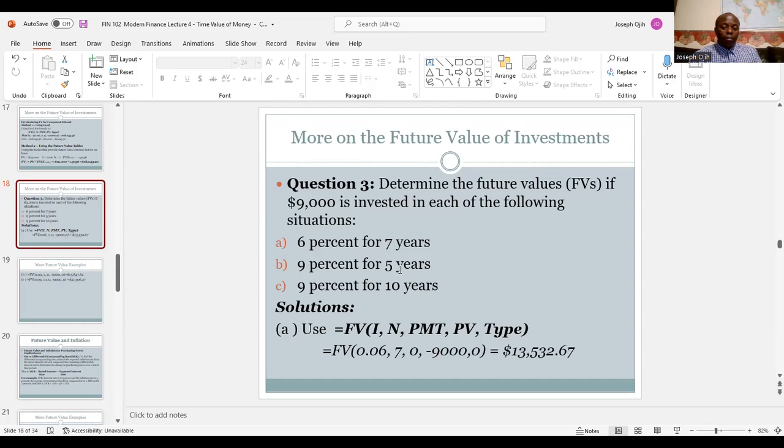Present value, which is the amount invested, is 9,000, the same amount. And then the type is again 0 because it is at the end of the period. So we go back there and use this for part B.